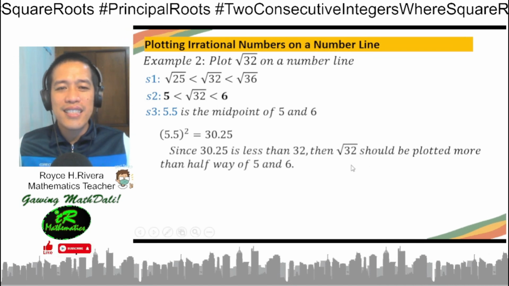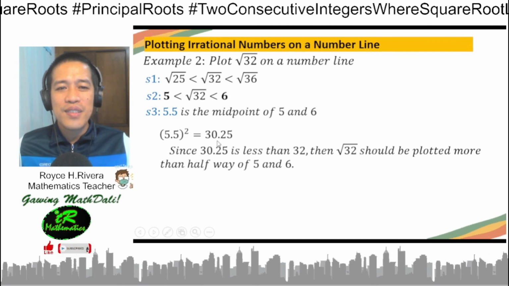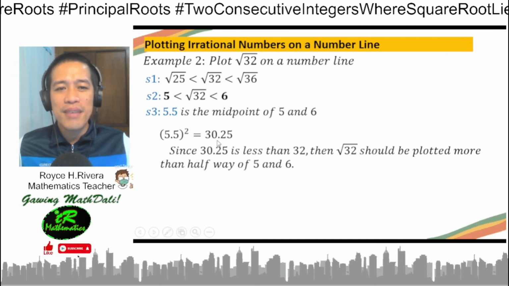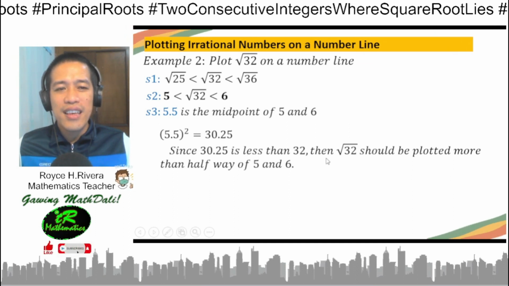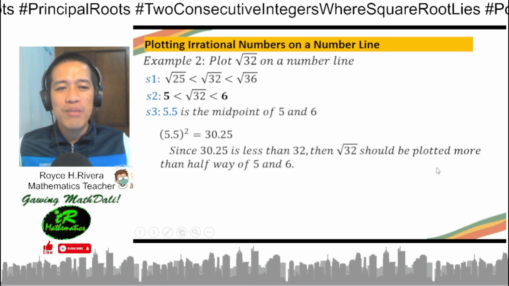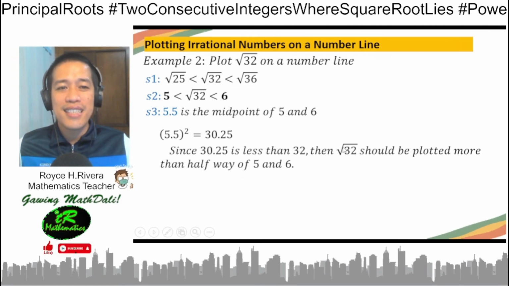And since 30.25, which is the square of the midpoint of 5 and 6, is less than 32, then the square root of 32 should be plotted more than halfway of 5 and 6.